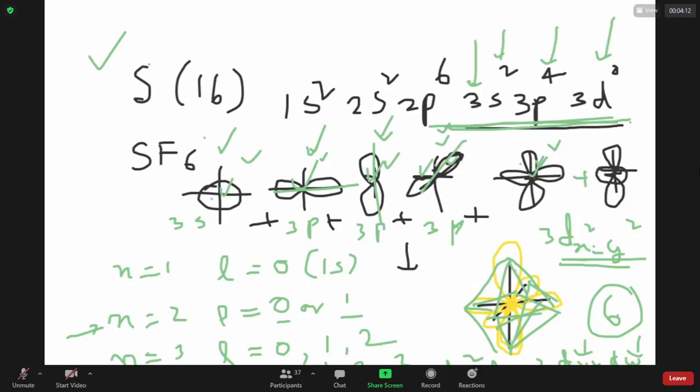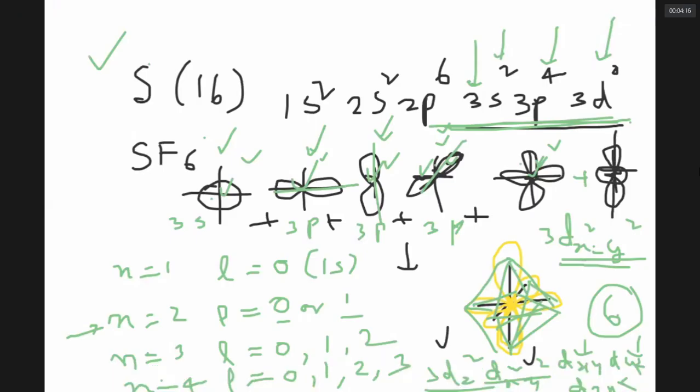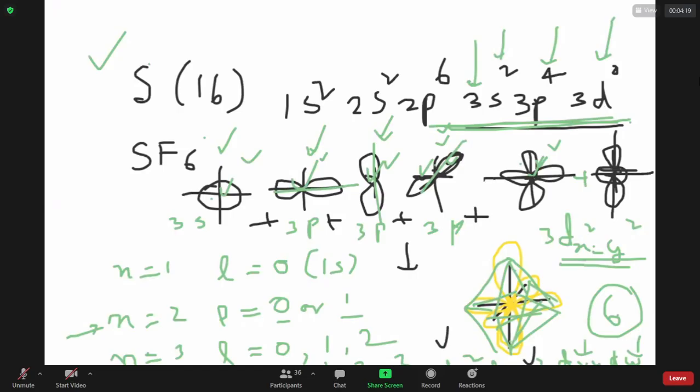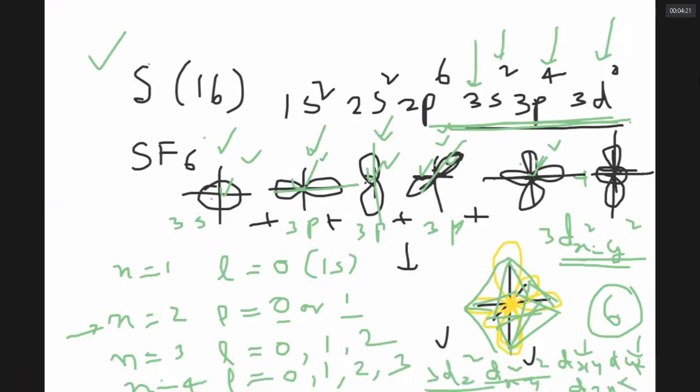Why have I taken only 3dz square and 3dx square minus y square? Because only these d orbitals are lying on the axis. Px, py, pz anyway are lying on the axis. So if I intermix these orbitals, how many orbitals am I intermixing? 1, 2, 3, 4, 5, 6.